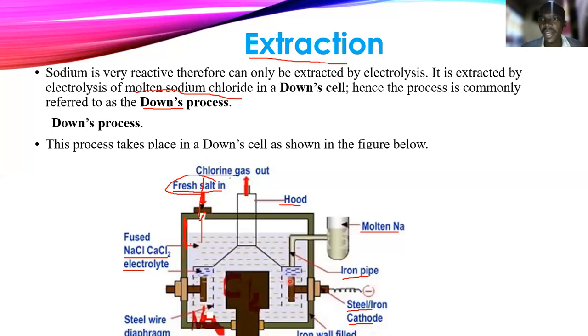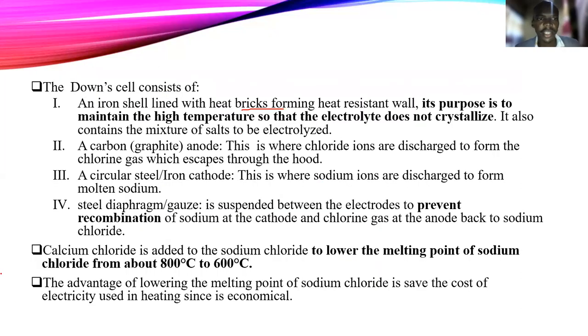You can also be asked the purpose of using that wall, the heat bricks. They are heat resistant, so they help to maintain the sodium chloride in a molten state. It prevents the sodium chloride from solidifying. So the iron shell lined with heat bricks forms a heat-resistant wall. Its purpose is to maintain the high temperature so that the electrolyte does not crystallize.